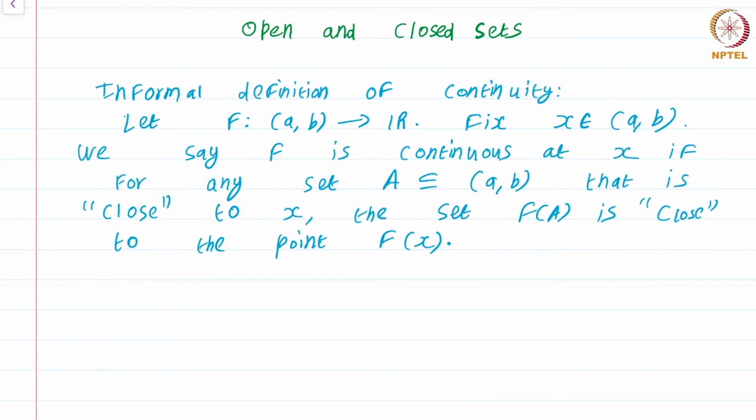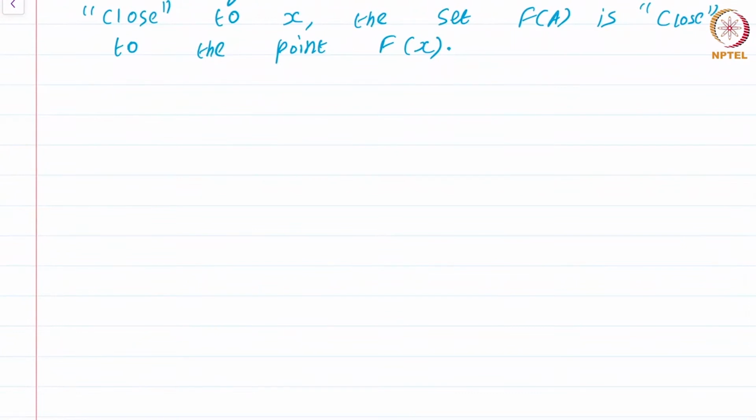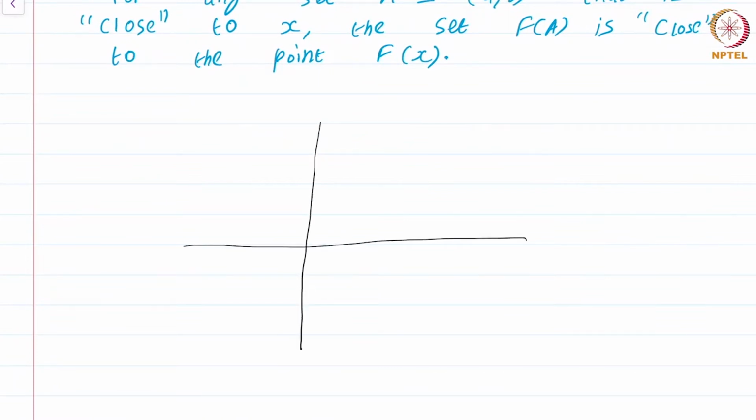For that, let me first draw a graph of a function whose continuity we are trying to analyze. Let's say this is a, this is b. Let's say this is the function and this is the point x at which I want to see whether the function is continuous. Let's say as soon as you touch x, the function sort of zooms, like the stock price of the software Zoom for the past few months.